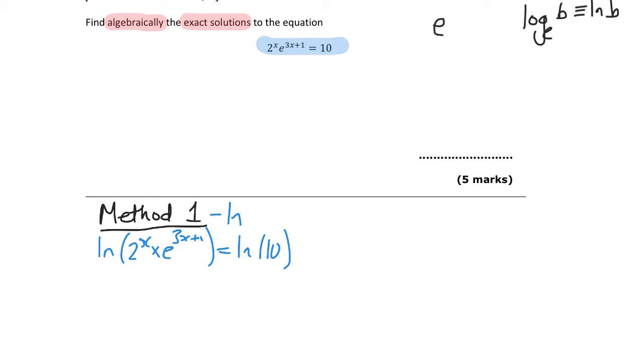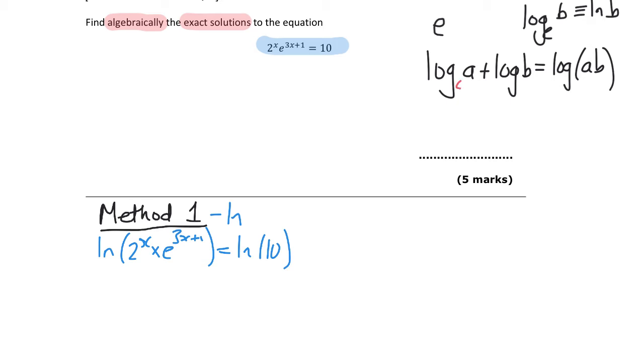Okay, I need some more key knowledge. So I need to know that for logs, if I have log any base a plus log any base b, then if I'm adding them, I can times my numbers. So log of a plus log of b with any bases is equal to log of that base a b, as long as the bases are the same.